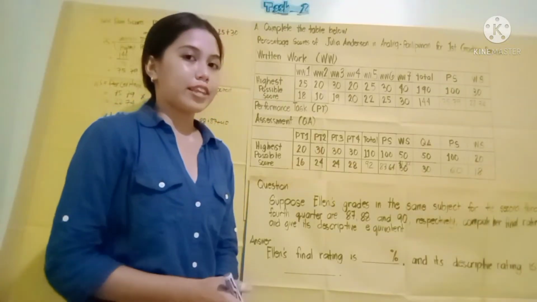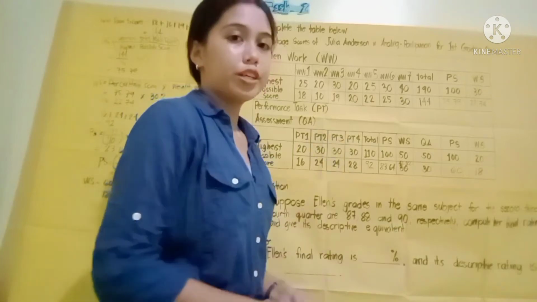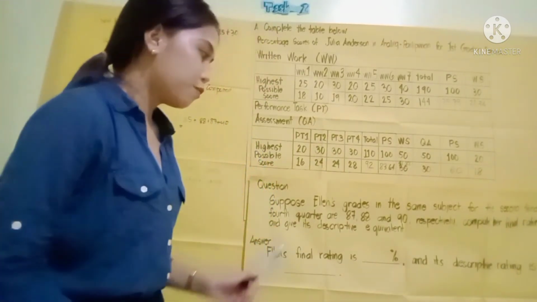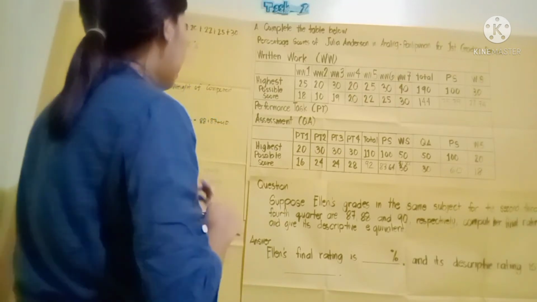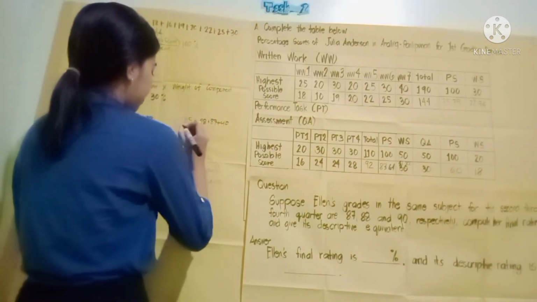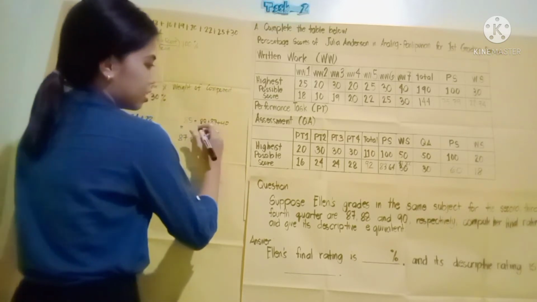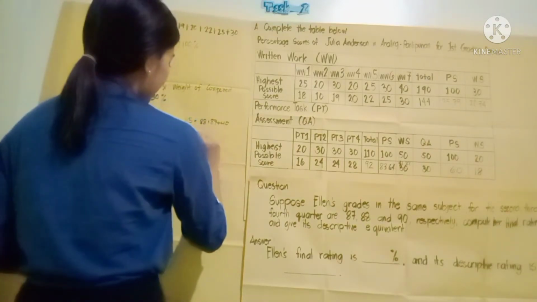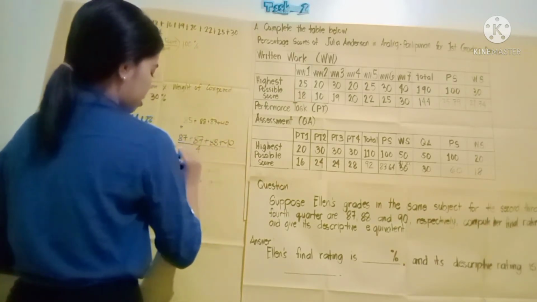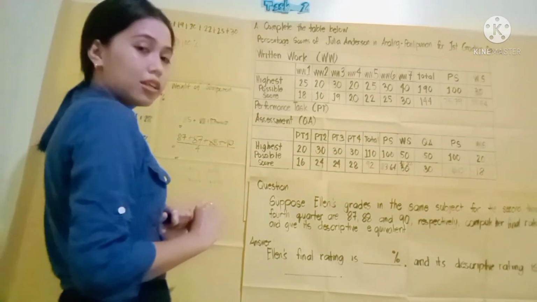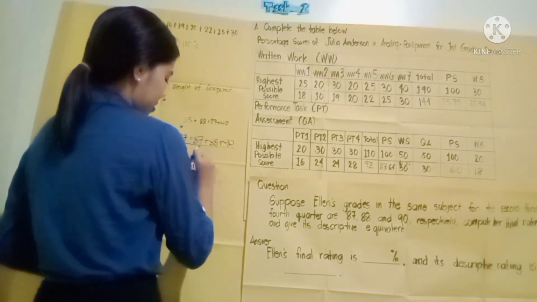So in order to get Ellen's final rating, we need to add the first, second, third, and fourth quarter grades. For the first quarter, 85 plus second quarter, which is 88, plus the third and fourth, divided by 4. So Ellen's final grade is 88.